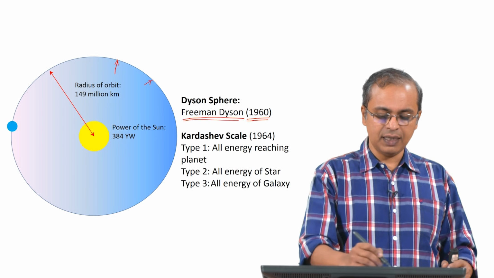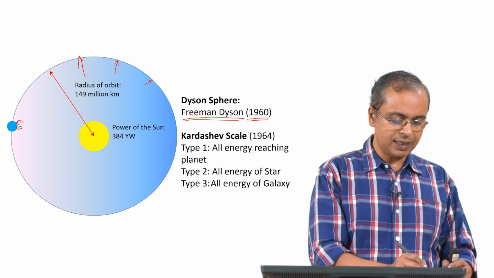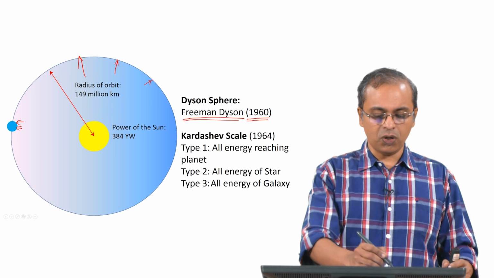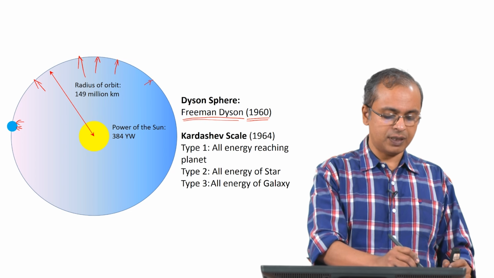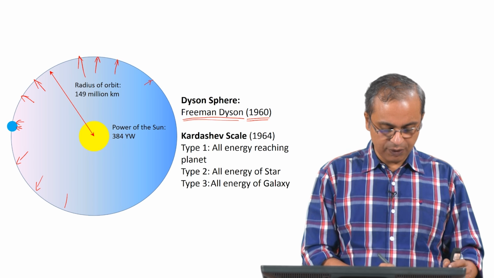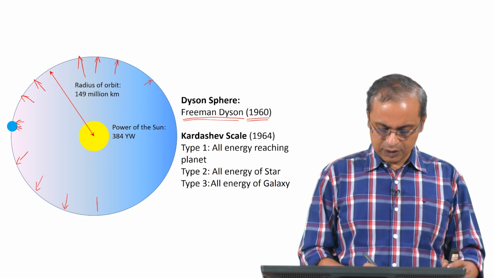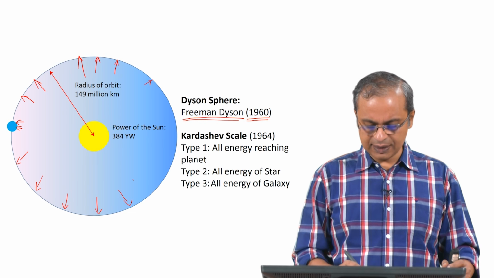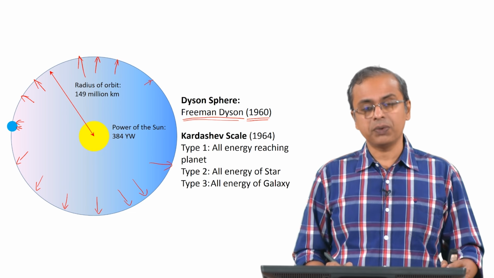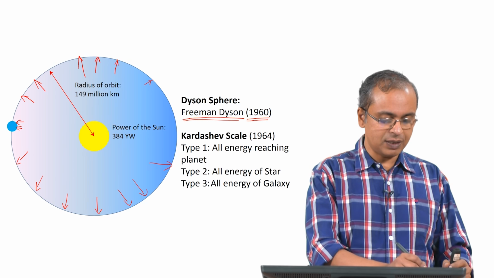Right now we only capture the energy that is coming to the earth, but what about all this energy that is going away, we are not able to capture it, right. So, if our technology advanced far enough that we could make a thin material sphere which is the size of earth's orbit, then you can actually capture all the energy that is coming from the sun, as opposed to only what is coming in this cross section.